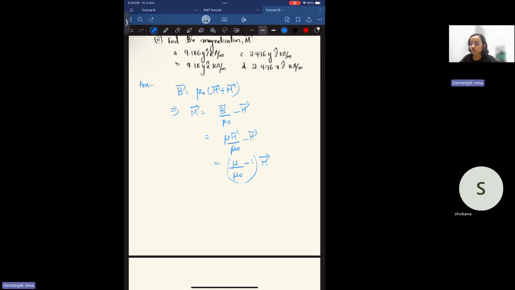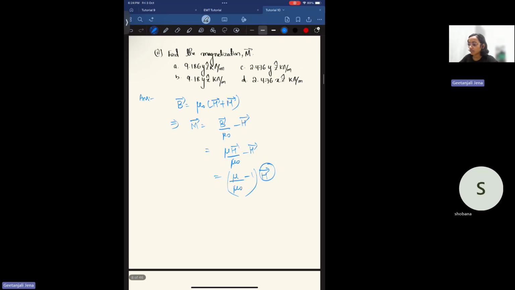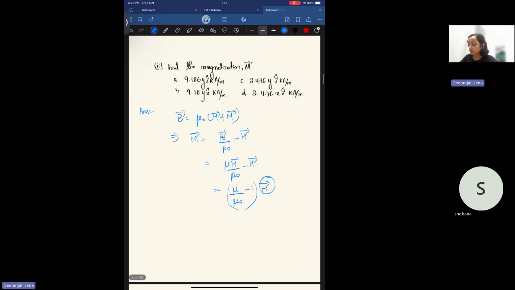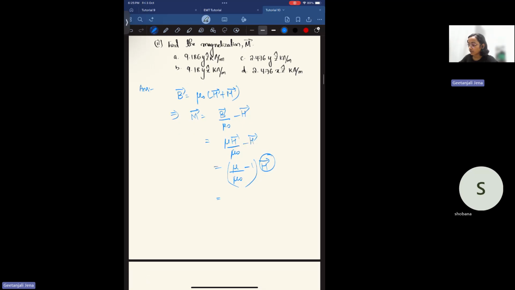The value of H we have already calculated in the previous problem. Mu is also given, it is 4.5 mu naught, minus 1, and H is 707.3.